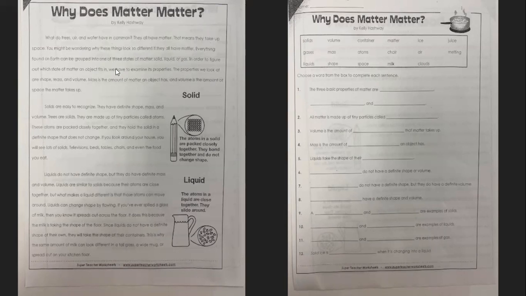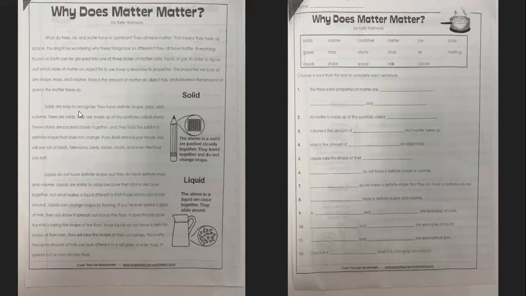In order to figure out which state of matter an object fits in, we have to examine its properties. The properties we look at are shape, mass, and volume. Mass is the amount of matter an object has, and volume is the amount of space that matter takes up.